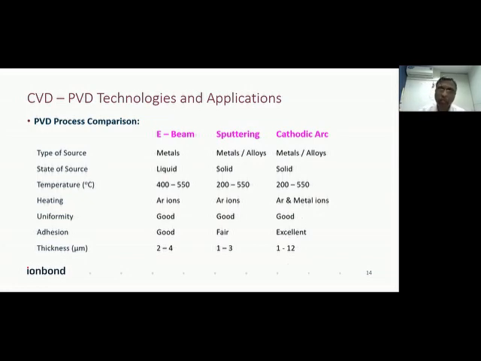So I will discuss something related to the cathodic arc, because the coatings you use in day-to-day applications are all produced through the cathodic arc process only. So I'm going to concentrate more on the cathodic arc.